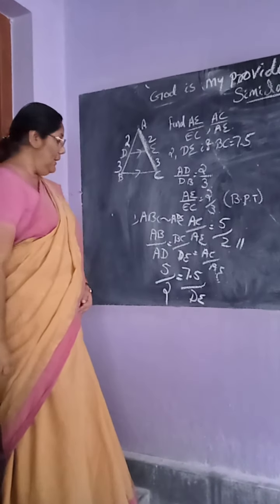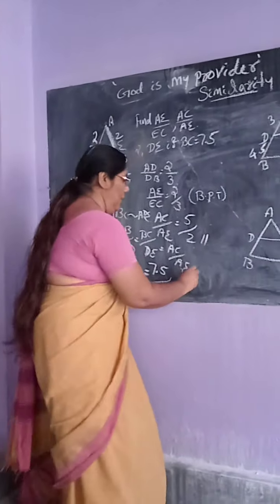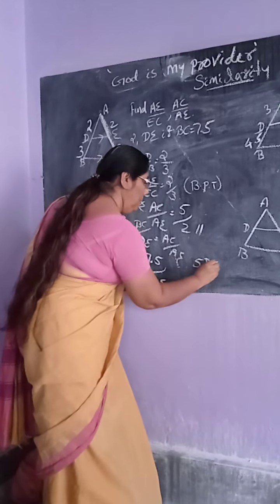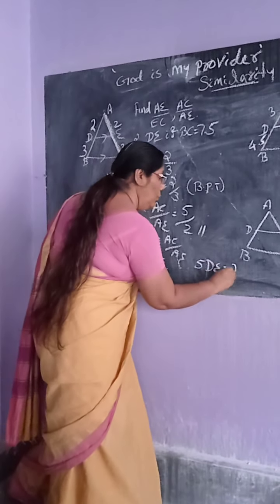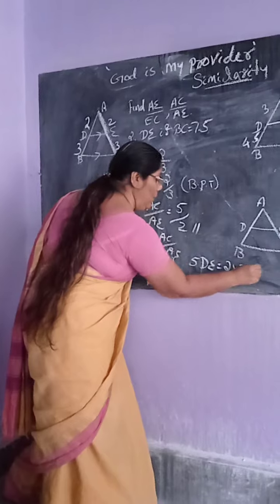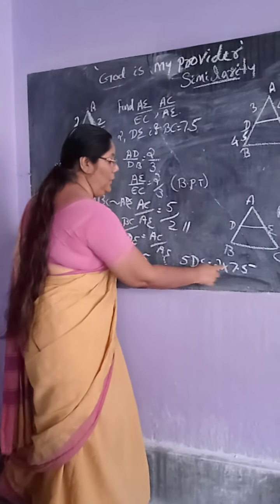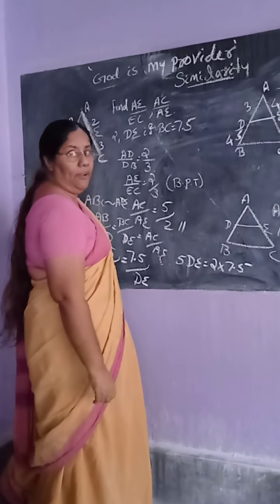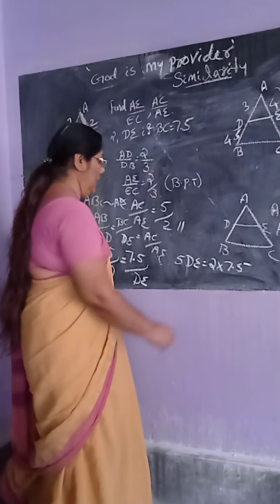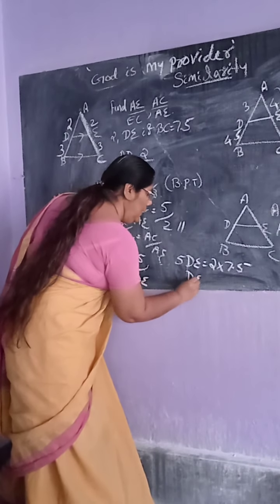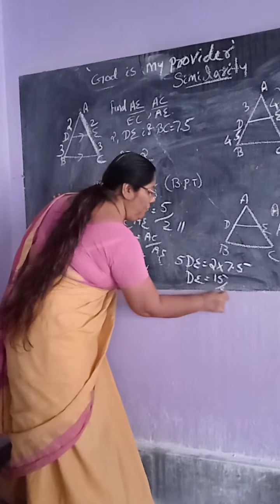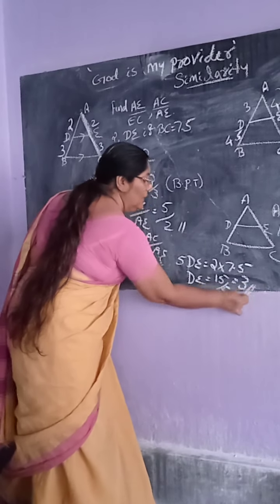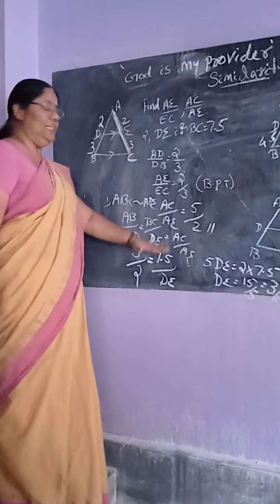Now when you cross multiply, 5 into DE is equal to 2 into 7.5. What is 2 into 7.5? 7.5 into 2 is? Yes, 15. DE is equal to 15 by 5. That is equal to 3. These type of questions are important.